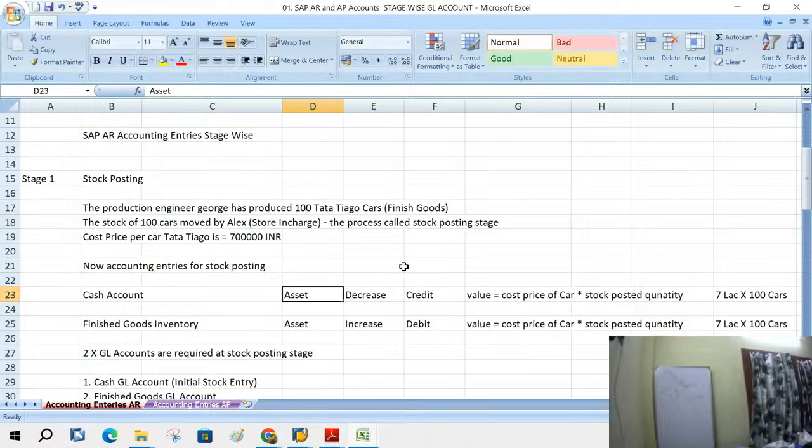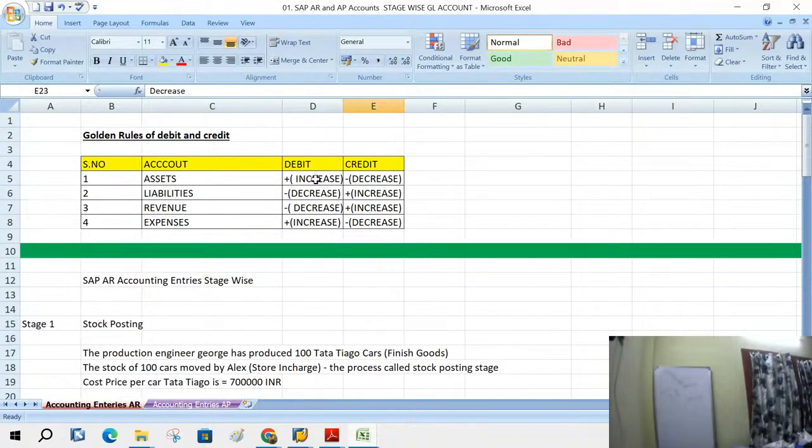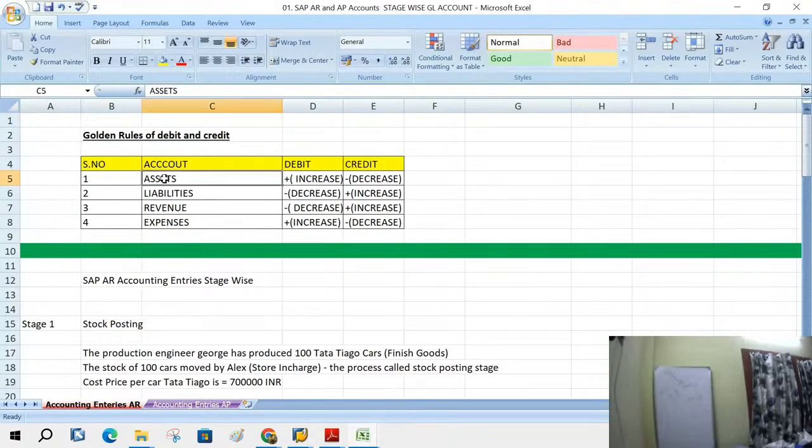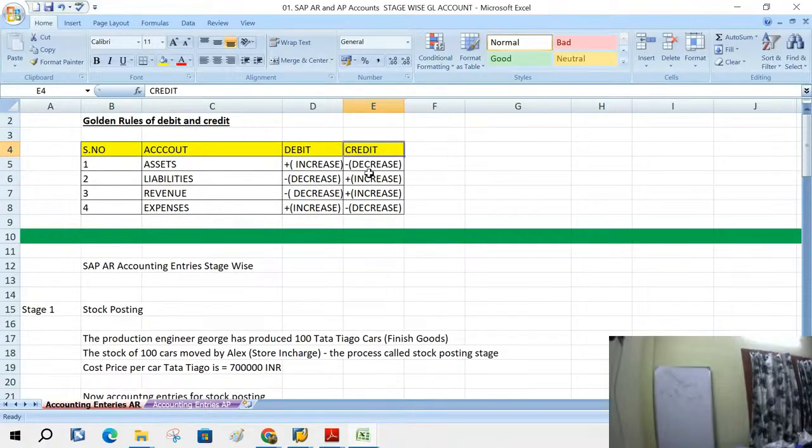So your cash account is decreased. Am I clear? If cash account is decreased, what do I have to do? Cash is nothing but an asset. Asset is decreasing. Correct? Then what should I do? I should credit the GL account. Correct? So I have to credit the GL account. Yes or no?